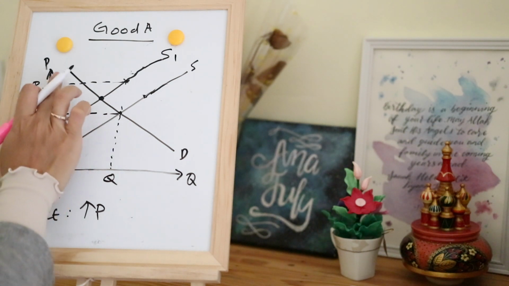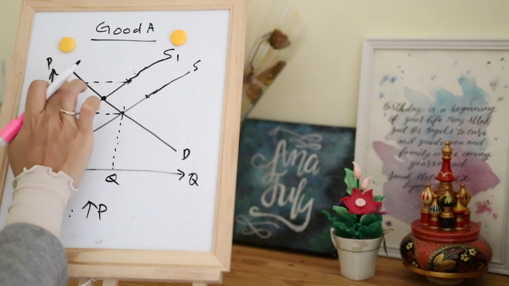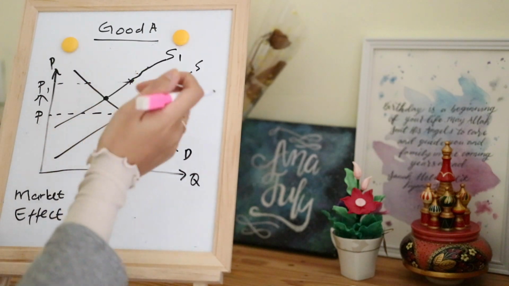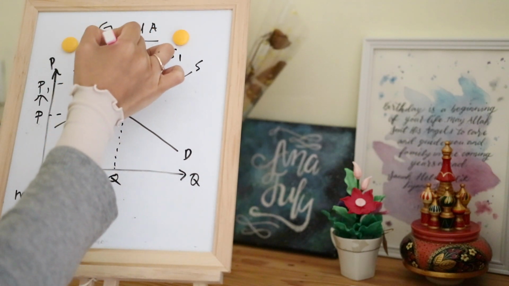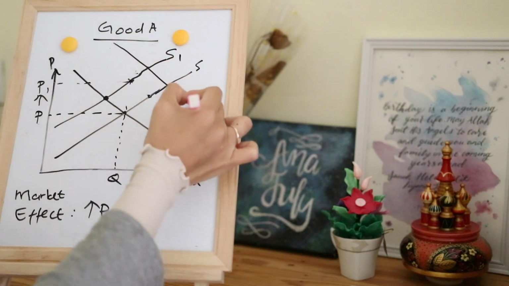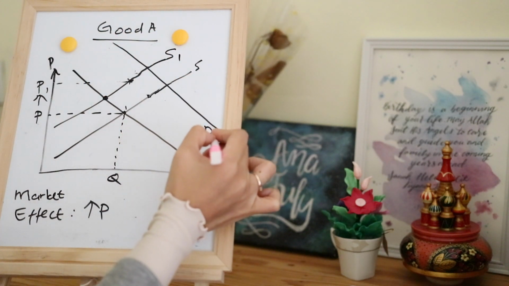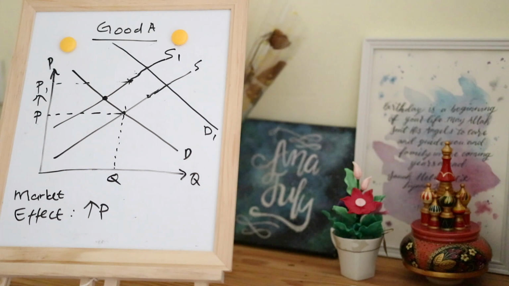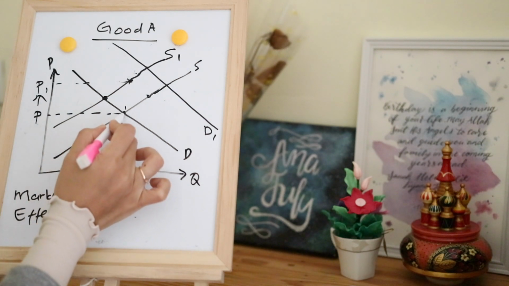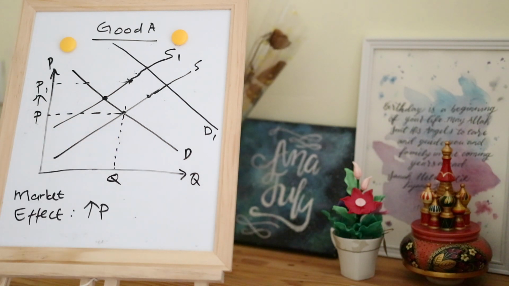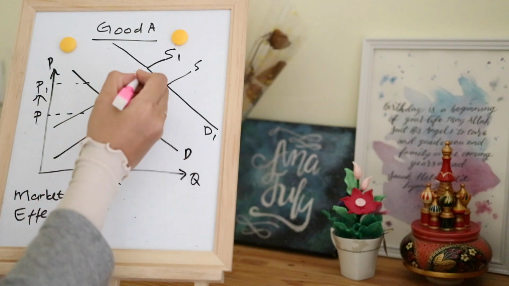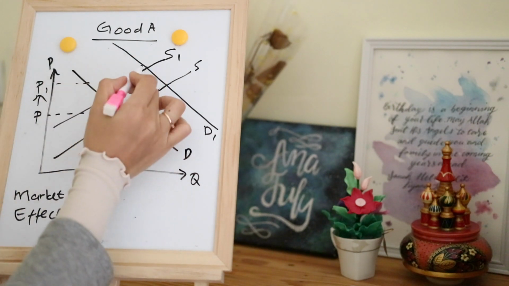For example, the demand shifts to the right up to this point, giving you D1. This is your original point still, and your new equilibrium point is at this point.